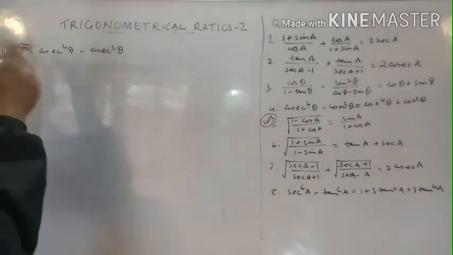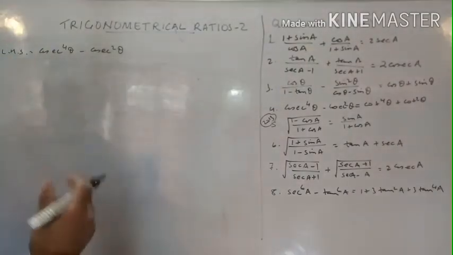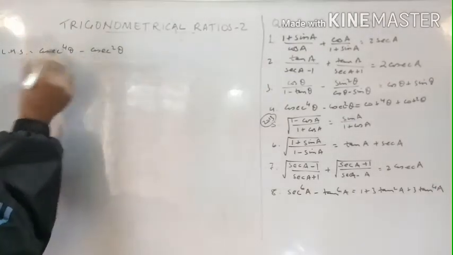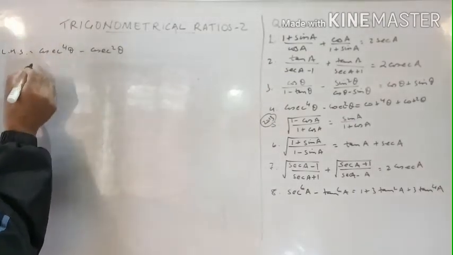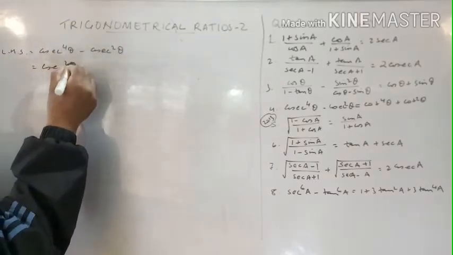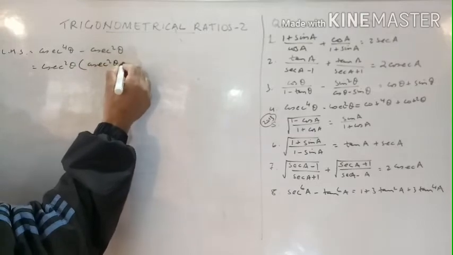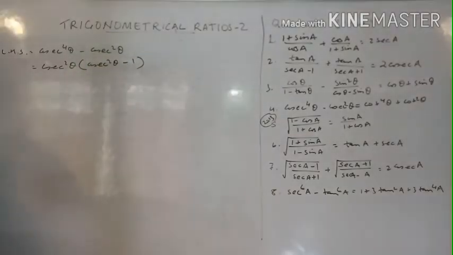So we have to change cosec into cot. Now this formula, the cosec square you can change into cot. So cosec square is 1 plus cot square. So here cosec to the power 4 is there, so we take cosec square theta common. So cosec square theta common, so we get cosec square theta minus 1 you get. Okay.